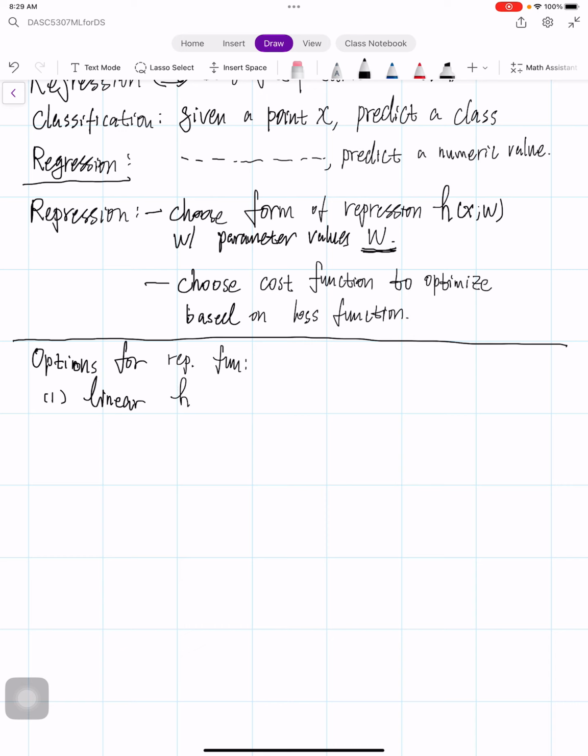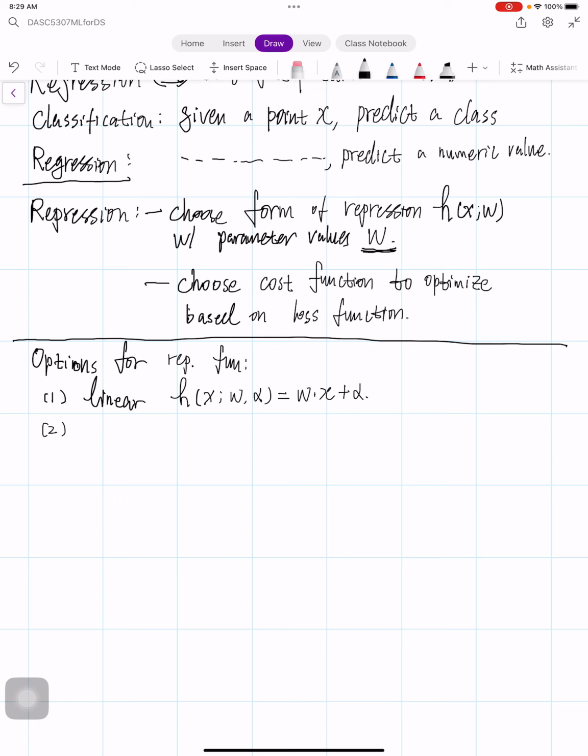For example, your regression function will have the parameter weight and also the intercept alpha. So this will equal w, a weight vector, dot product with x, plus alpha. Okay, so this is a linear regression.